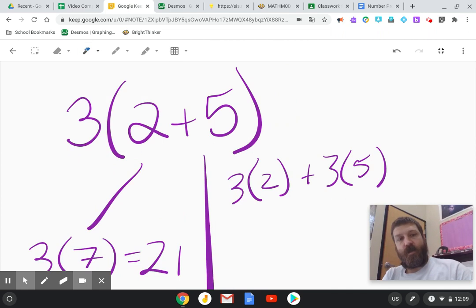The distributive property says we can multiply 3 times both numbers in that parentheses, and we get the same answer.